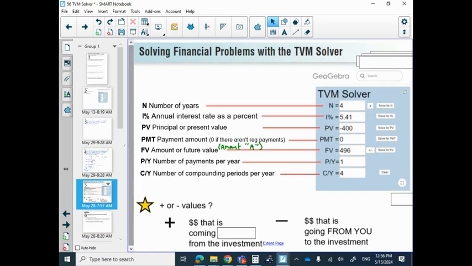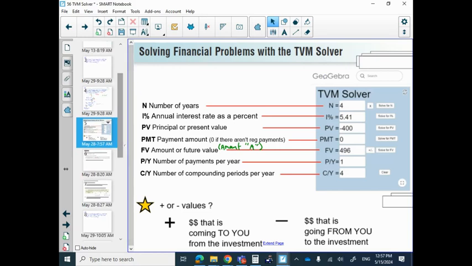So basically you're taking money out of your account, putting it in the TVM Solver. People typically think of that number put in as a negative because you took it out, right? And then money you get back from the TVM Solver, that's positive. So money that's coming to you from the investment. So think of the TVM Solver as like an investment where you're putting money.